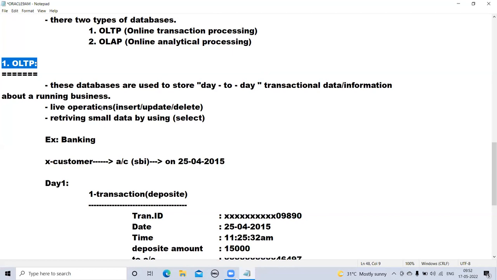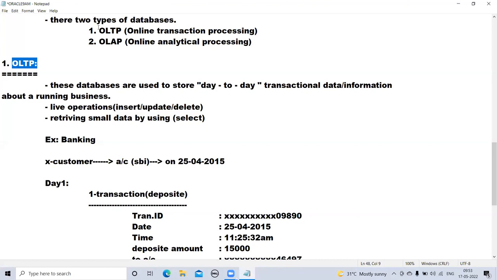Here I said live transactions. Live means running. So inserting data, updating data, deleting data, these are called live operations in any business: adding the data, changing the data, deleting the data. These operations we can perform on an OLTP database.